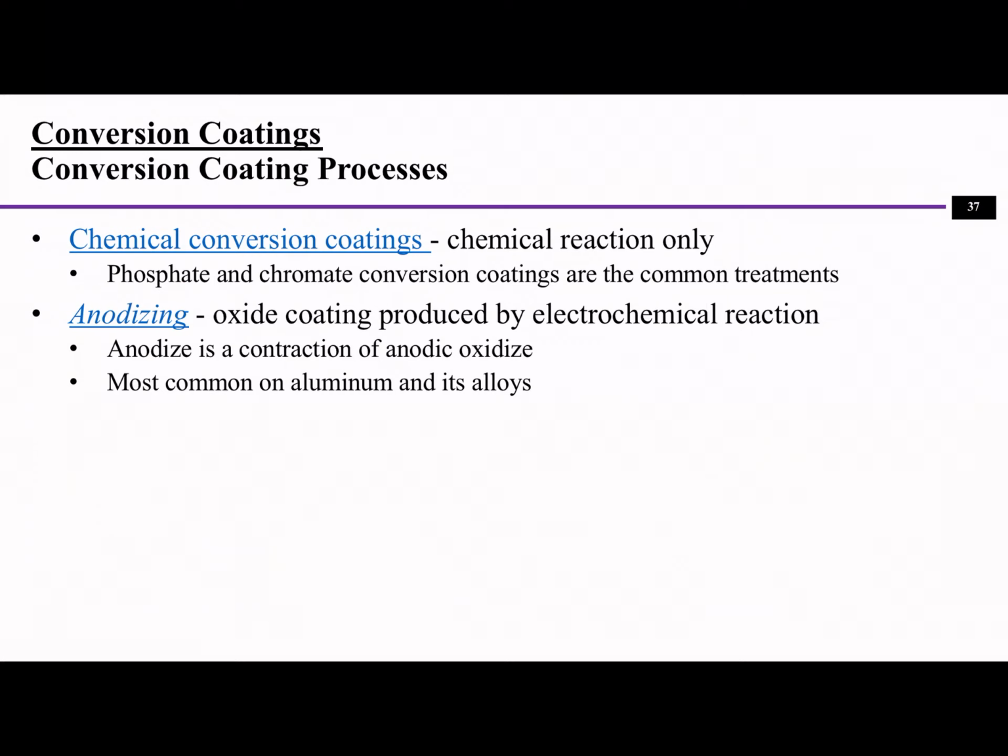Let's look at two conversion coating processes. One is chemical conversion coating, which is for chemical reaction only. Let's look at this video.